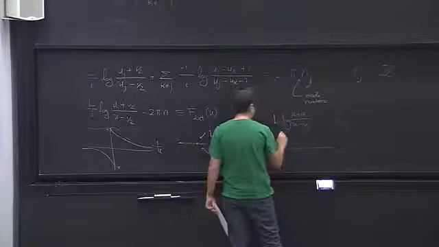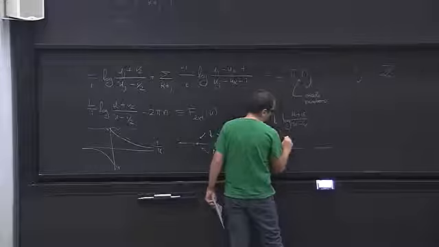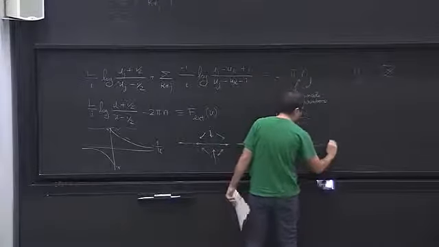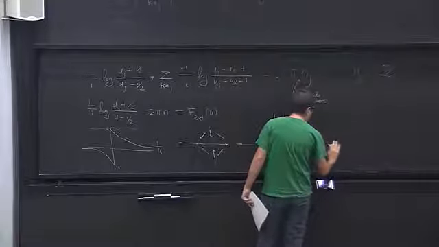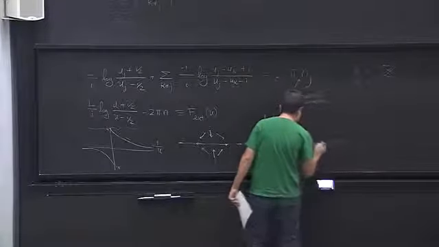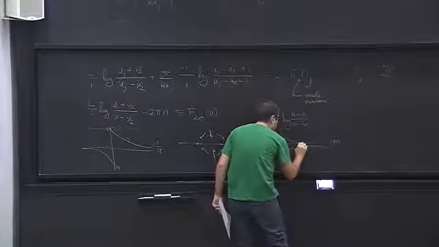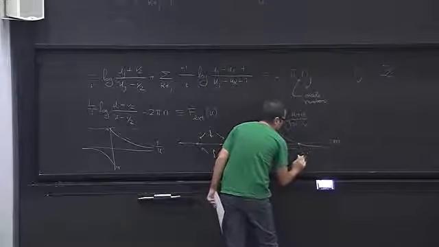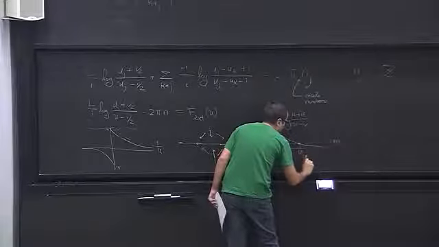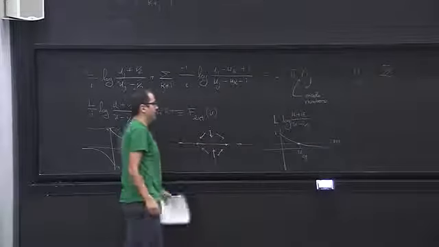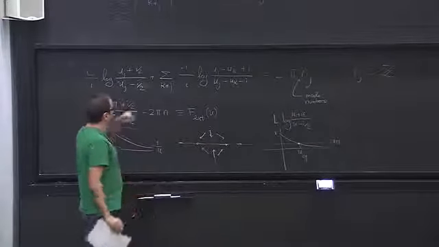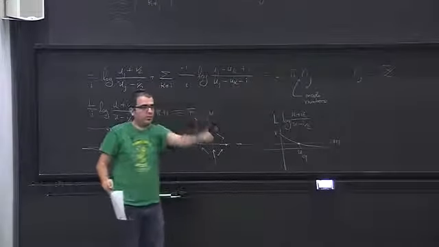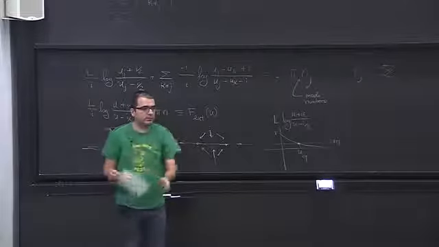That function starts at L pi and goes down, and there is a value where it intersects 2 pi n. And this is the equilibrium position where particles want to go. So this is u equilibrium.